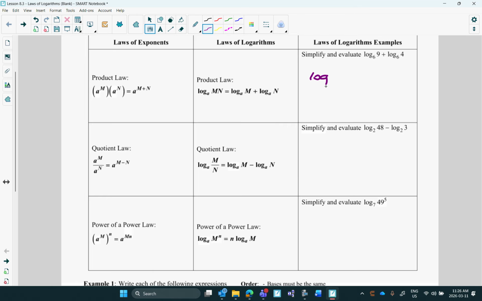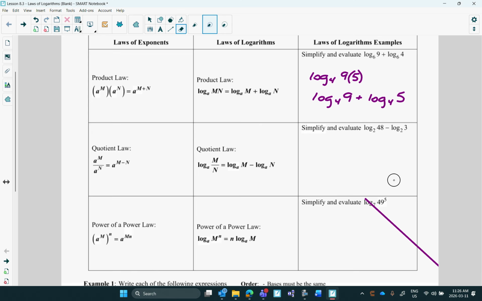Like if I put log base 4 of 9 times 5, that's the same as log base 4 of 9 plus log base 4 of 5. Okay? Or like I said, it works the other way around.